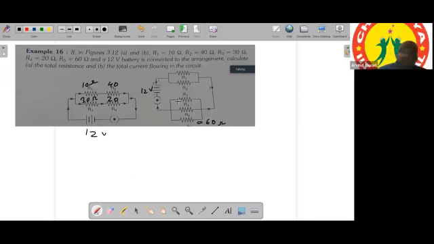So for the second one, you will have your equivalent resistance considering R1 and R2 in parallel. So you have your 10 and 40 in parallel, and the equivalent resistance, R equivalent, will be equal to R1 R2 over R1 plus R2. So R1 R2 is 400 divided by 50. That's 8 ohm for this upper part. And similarly, you need to find out for the lower part.